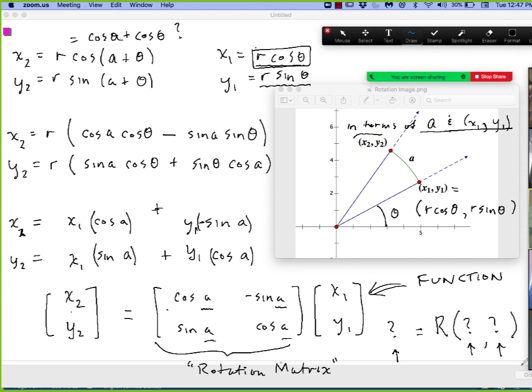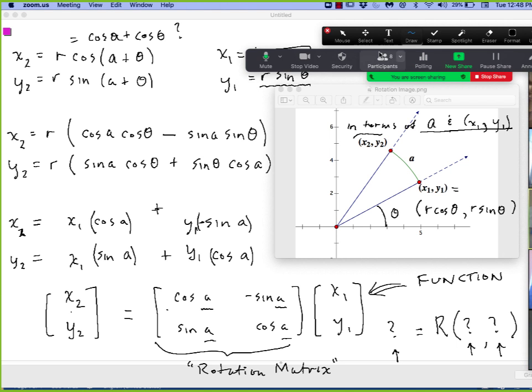Another recommendation when you're writing generic functions is to use dummy variables. Use symbols for the independent and dependent entities that are different from what you're actually going to use when you use the function. It's really helpful to not cloud the issue.